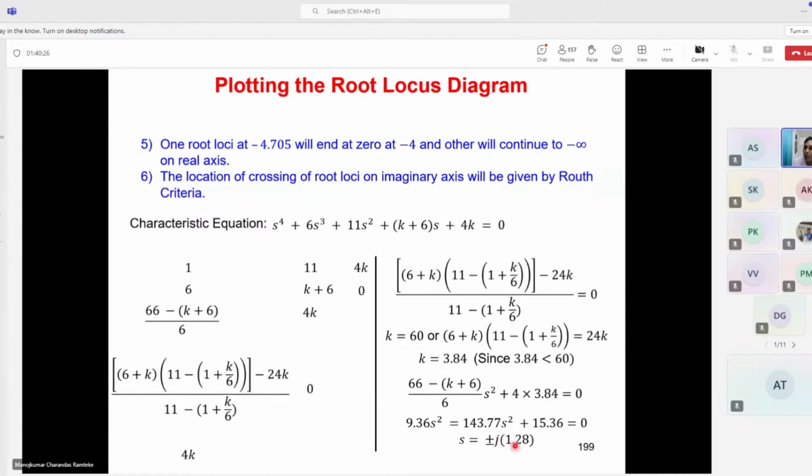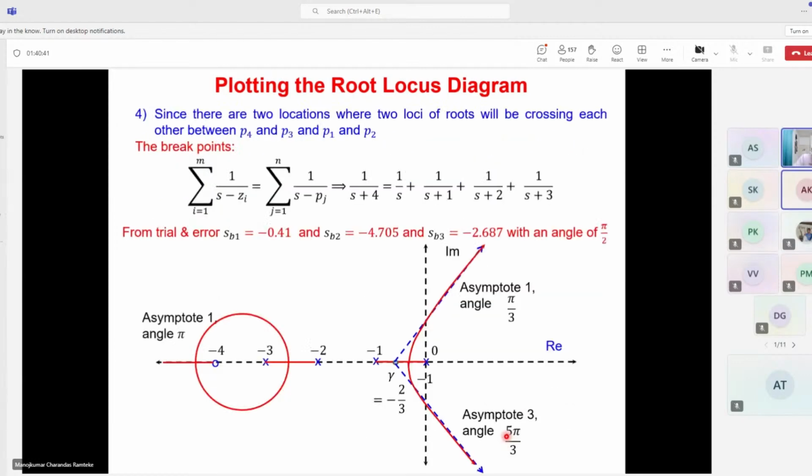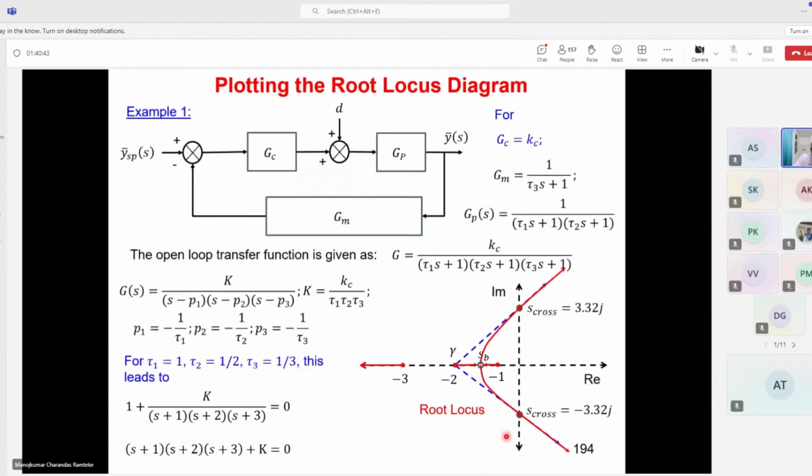Can you see? Here omega is 1.28. You are getting s equals plus or minus j omega. That's it. Correct? Remember, that is what we are getting everywhere. Even in this particular case also, we are getting the same.